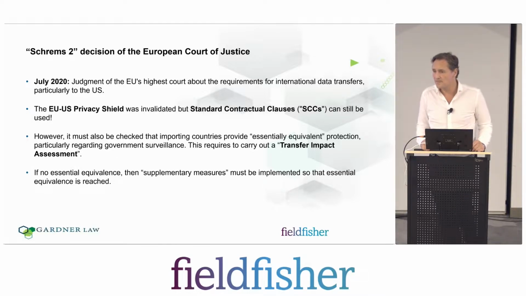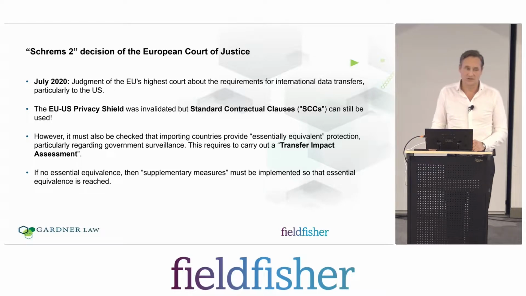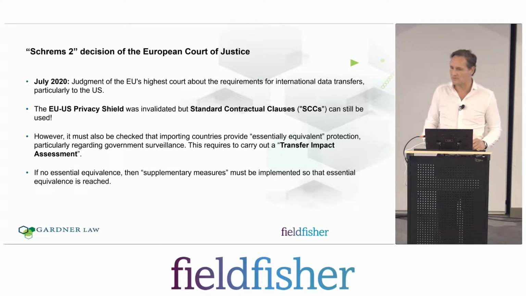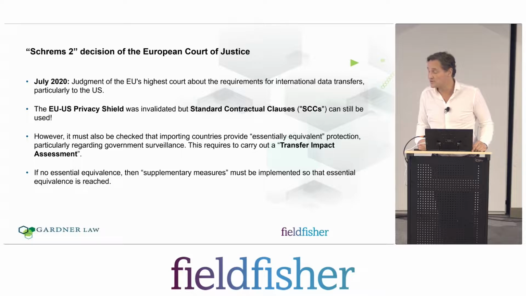You will all know about the consequence of that verdict. First of all, the EU Privacy Shield was killed. That is what we have seen on the previous slide. So we are missing one very important legal ground for international data transfer for more than 2 years now.